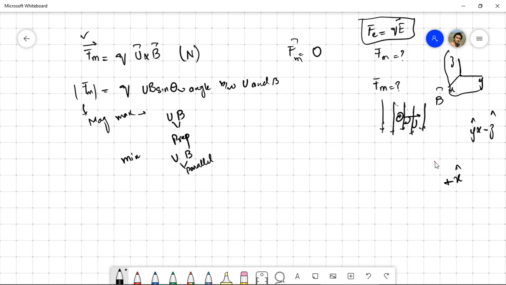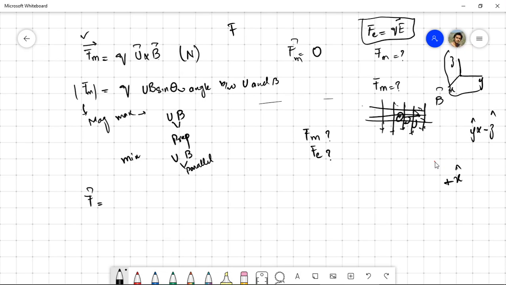So if a charged particle is under the influence of both b and e, now there comes another situation in which we have b and we have e also. Okay? So under this kind of scenario, what will happen? Do we only have the magnetic force, or do we now have the electric force too? The answer is that we will have both of these forces, because now we have a charged particle and we have an electric field.